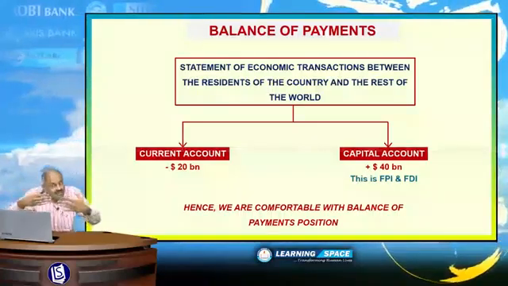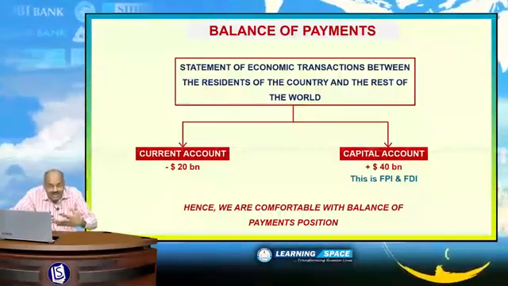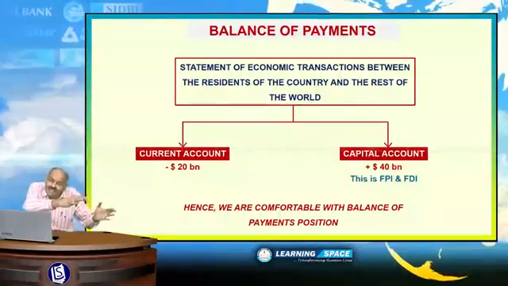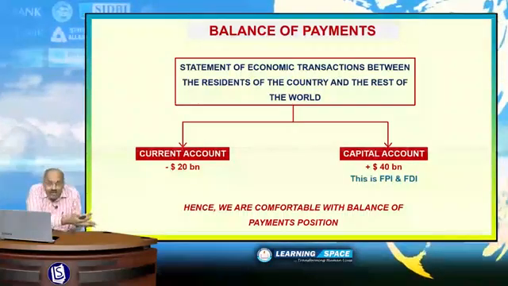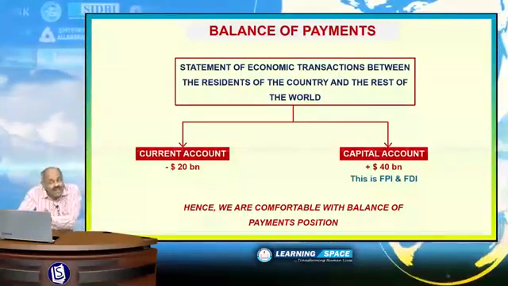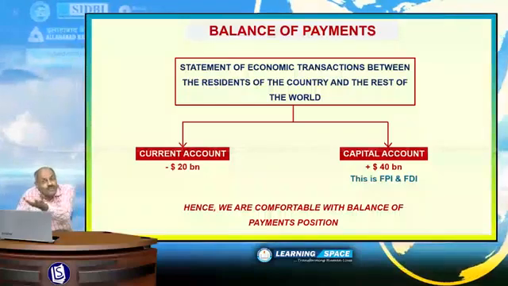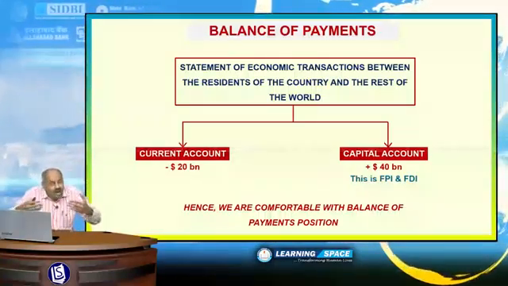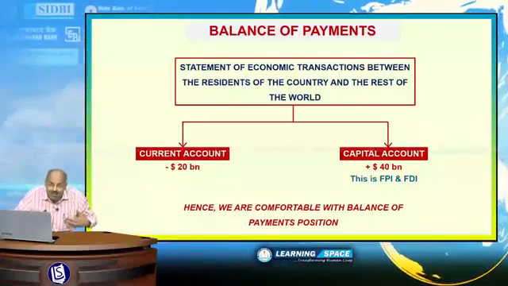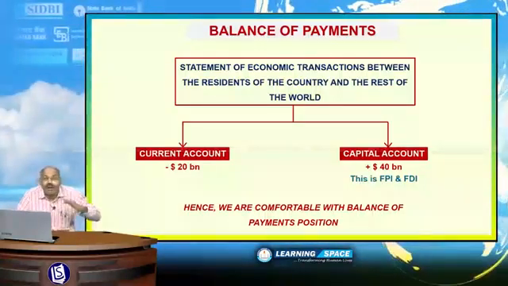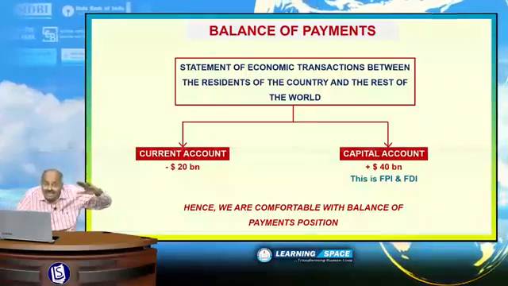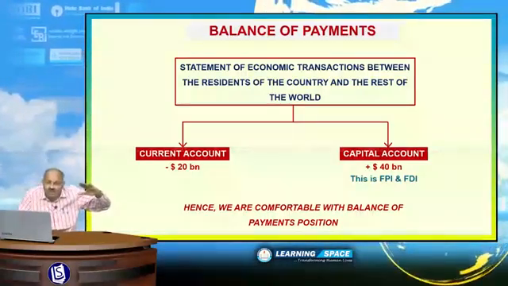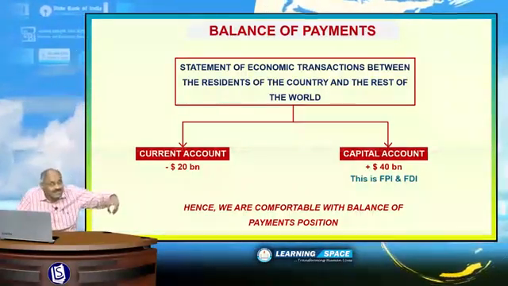We are pretty comfortable on the balance of payments front, because though there is a deficit of minus 20 in current account, our capital account flows are around 40 to 50 billion dollars or much more than that, because of which we are plus in balance of payments. That's why our foreign exchange reserves are increasing. Right? I am not going into the details of these foreign exchange reserves.